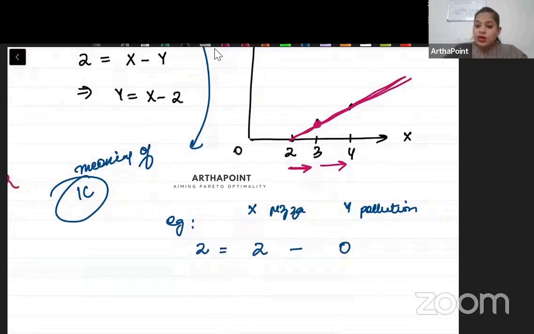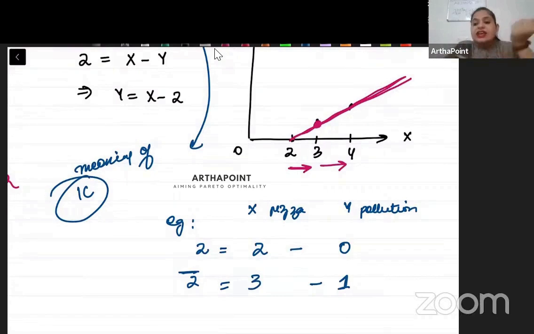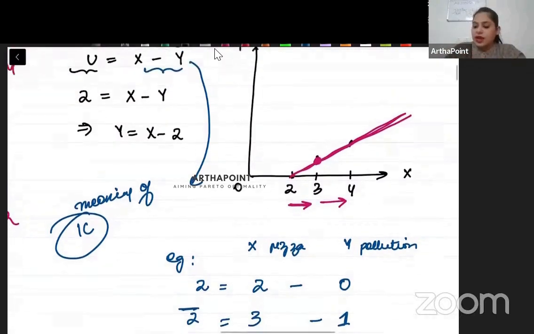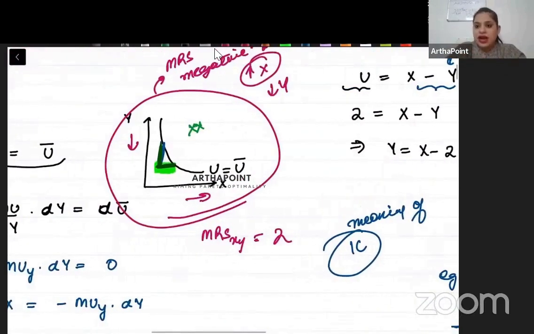Now I want to hold my utility constant at 2, but you start giving me 1 unit of pollution. You're exposing me to pollution. You need to increase the number of pizzas that I get. So for every increase in good Y, I need to increase good X, unlike the usual ICs, which are downward sloping.